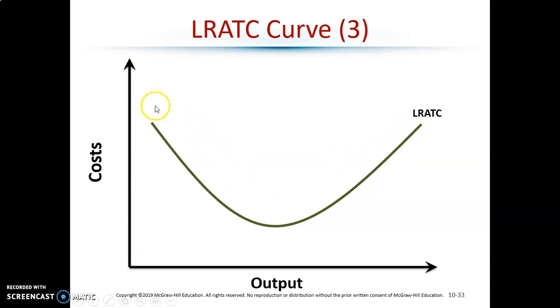So one out here is going to have rising average total cost very early on, but in the long run, they're still falling. And then at some point, no matter where you're at, whichever short run curve you're on, your long run curves are just going up. And these are what we call the different scale economies you can have.